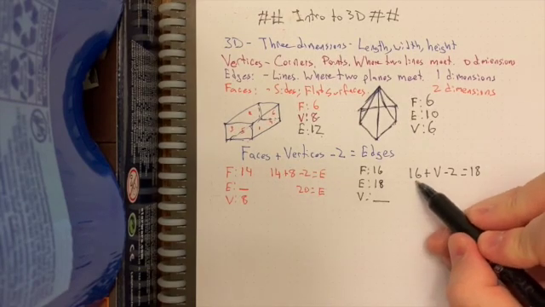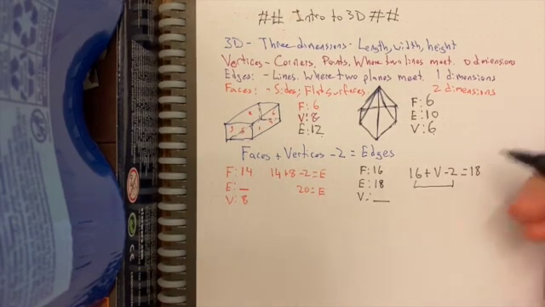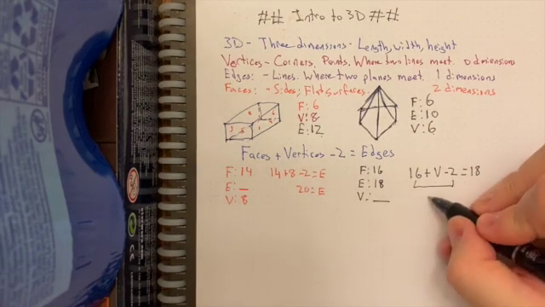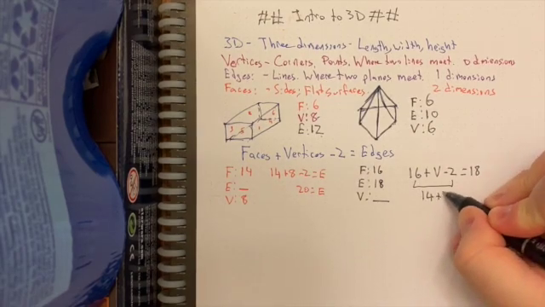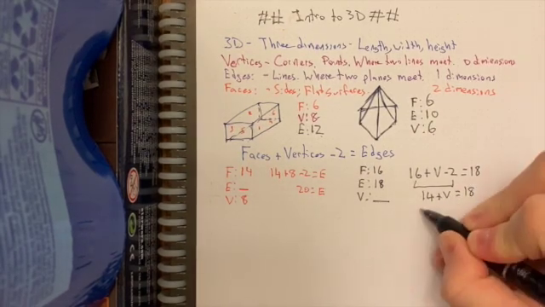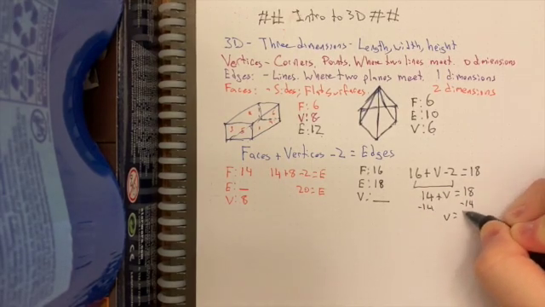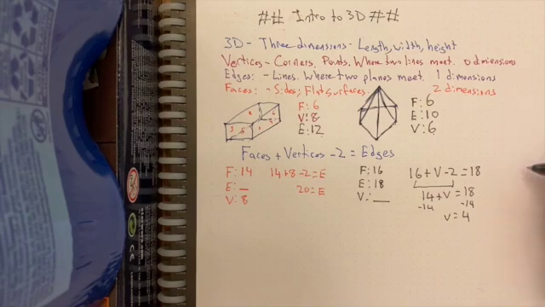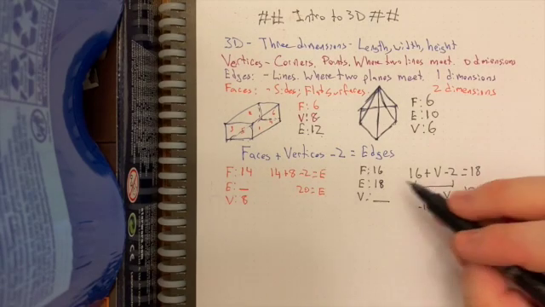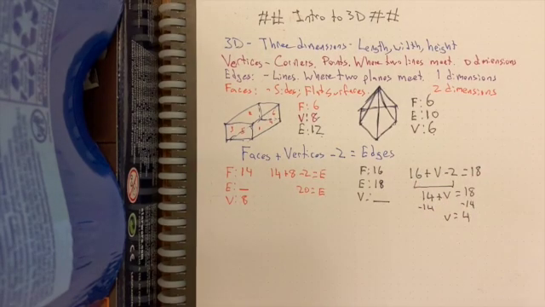What's easiest next is just to do the 16 minus 2. Some of you will just do this in your head, and that's fine. 14 plus v equals 18. Subtract 14 from both sides. You get 4 vertices. I don't know if it's possible to have 4 corners, but 16 different faces, but, you know, I can dream, right?